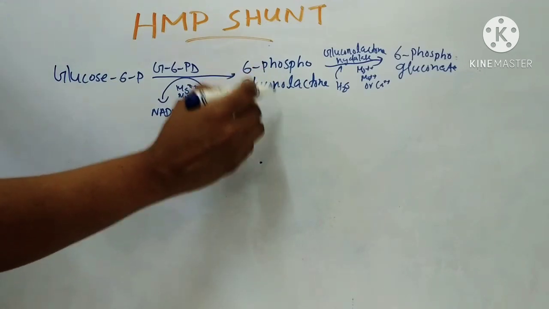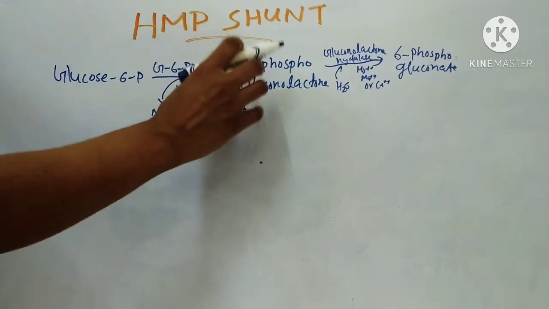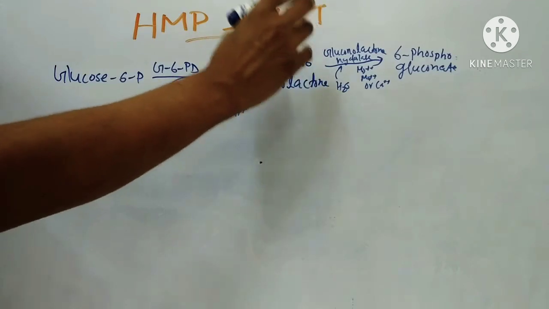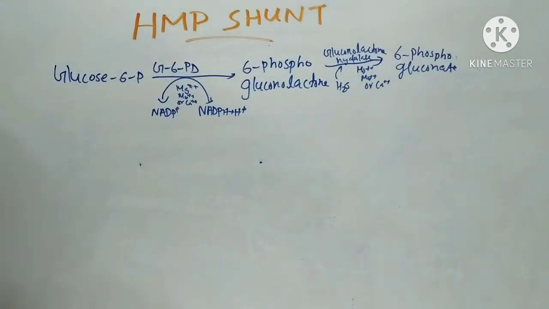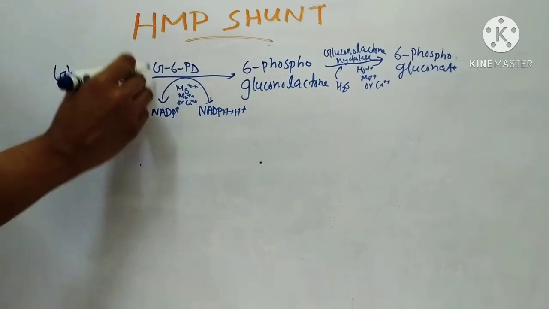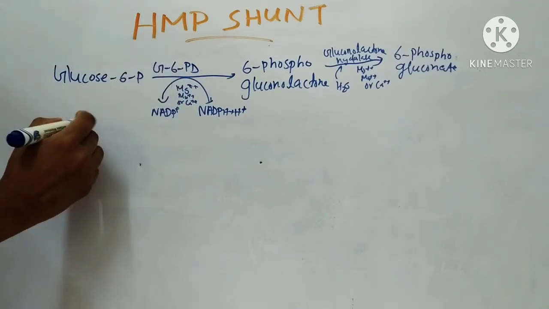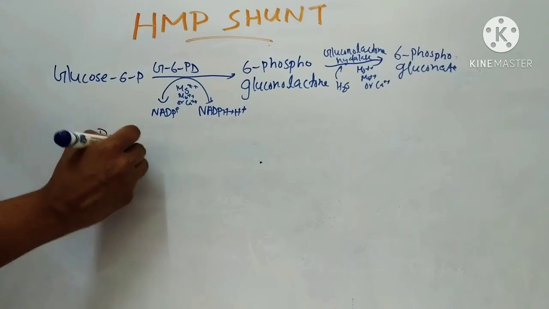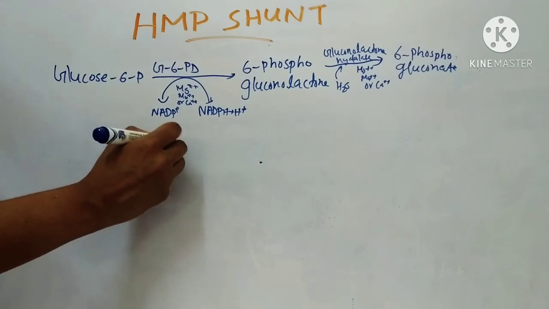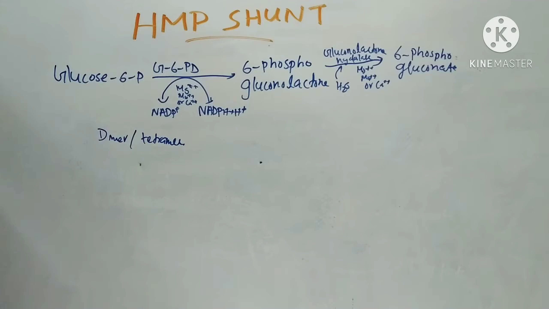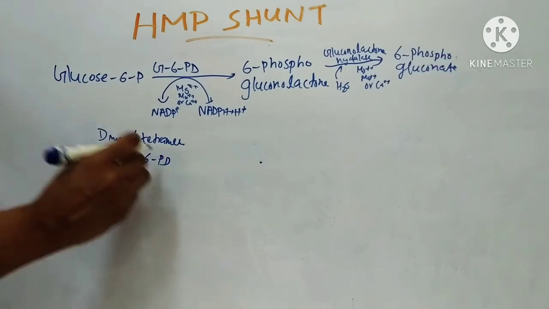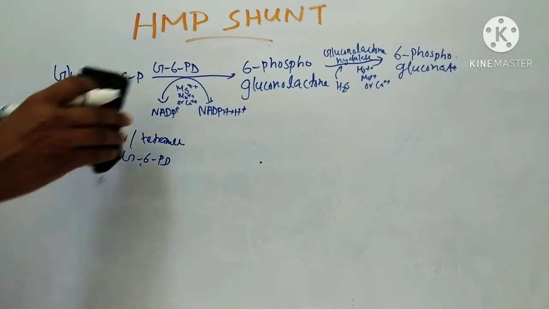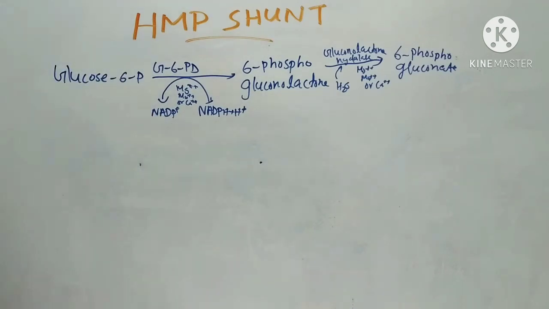Then the hydrolysis of 6-phosphogluconolactone is by the enzyme gluconolactone hydrolase, and it forms 6-phosphogluconate. G6PD is a dimer or a tetramer. It is the rate limiting enzyme in the HMP shunt. This is the first reaction.